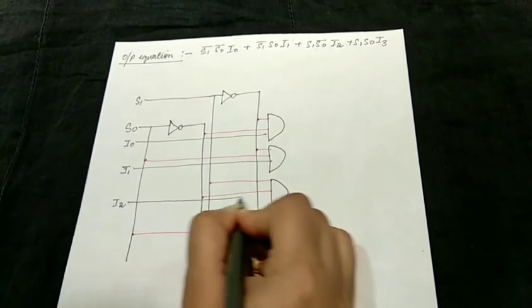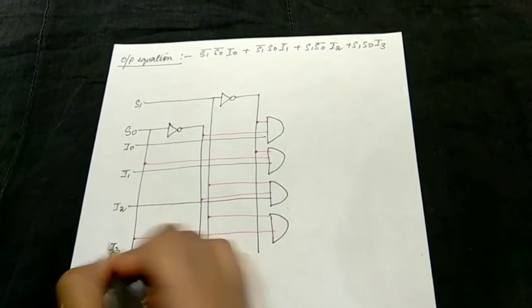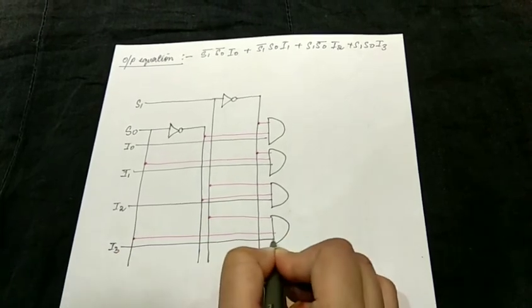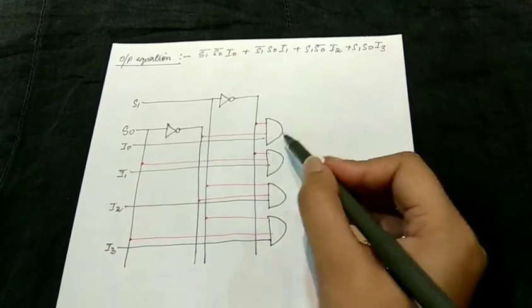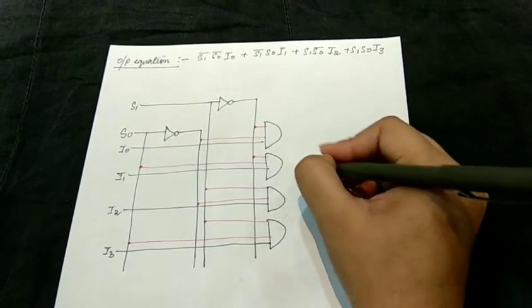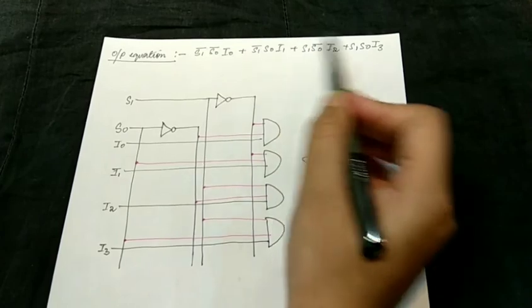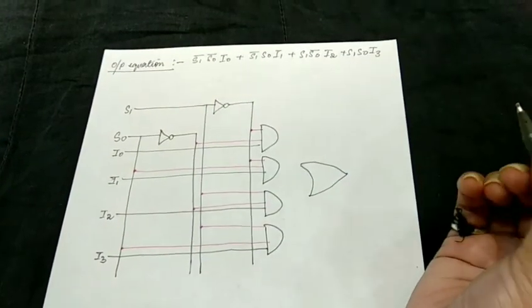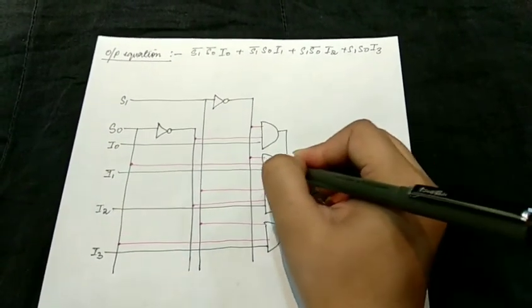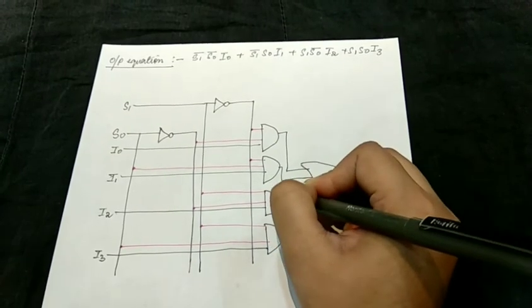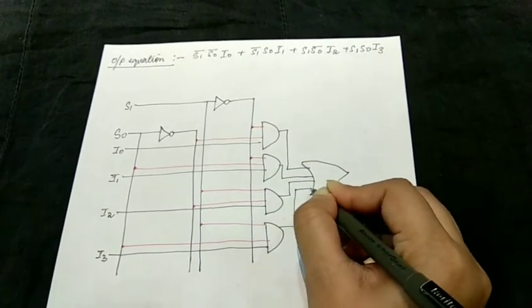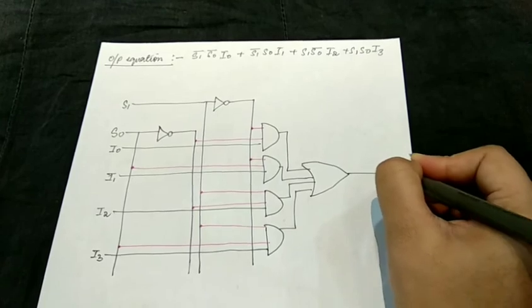I2 goes with the third AND gate, and I3 goes with the fourth AND gate. Now all these expressions must be passed through an OR gate because of the plus operator present in the output equation. So they should be passed through an OR gate. So this is my output Y.